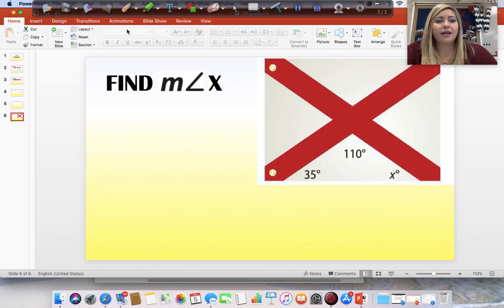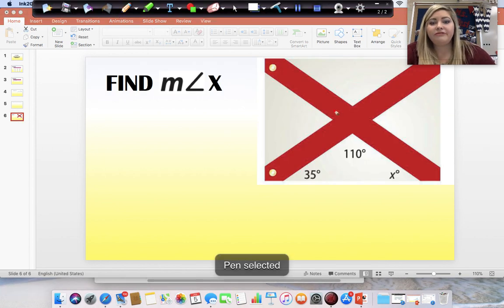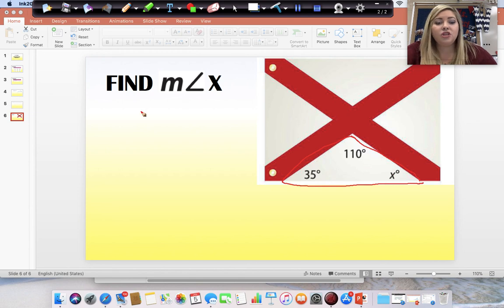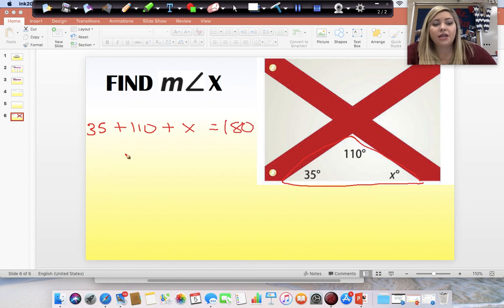All right, and our last one. Here's our triangle down here. We are trying to find angle X. So again, they should all equal 180 degrees. So 35 plus 110 plus X is equal to 180 degrees. 35 plus 110 gives us 145.